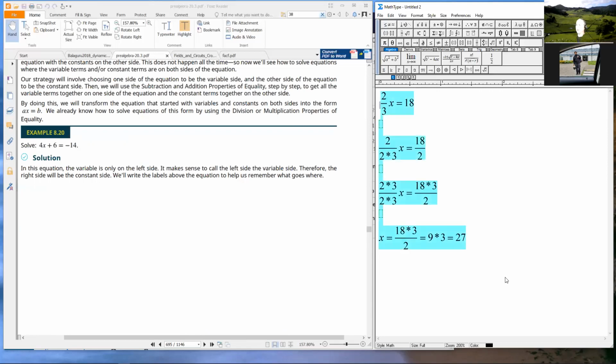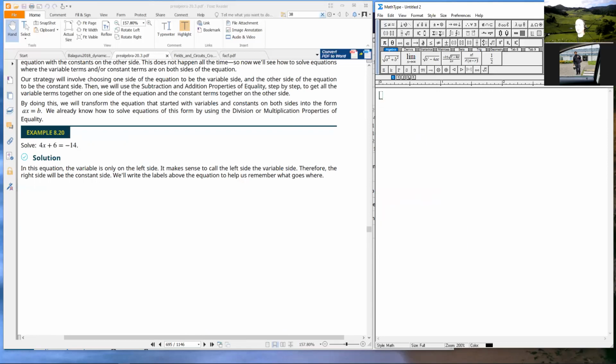So let's look at that in the context of that particular example, and then we'll look at how the book does it. So 4x plus 6 equals negative 14, okay? So what are the 2 steps and why is it called a 2-step? Well, first thing you want to do is get that 6 off of the left-hand side of the equation.